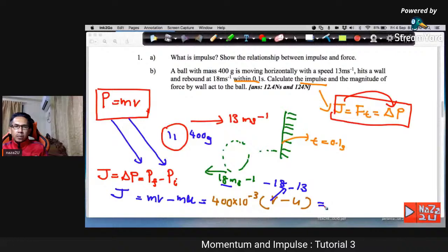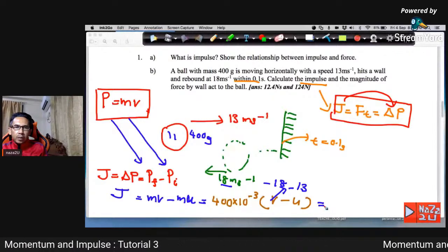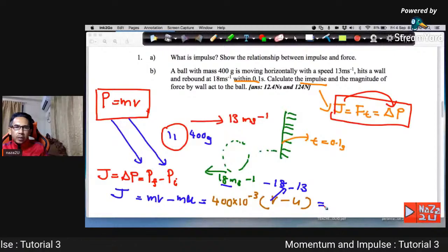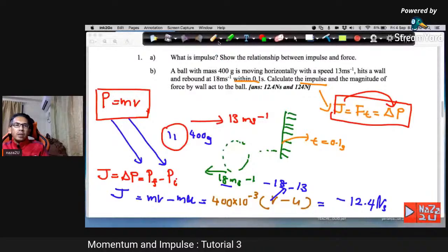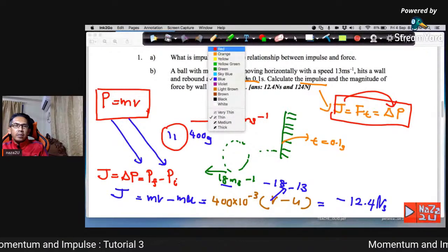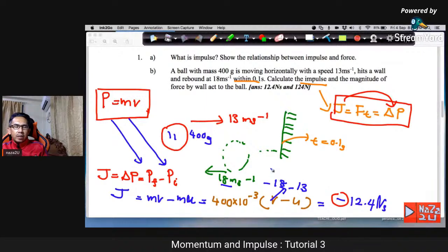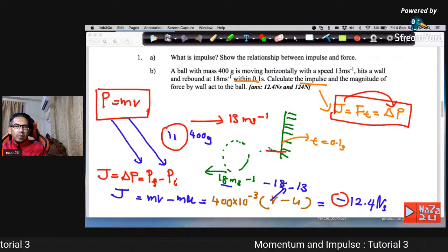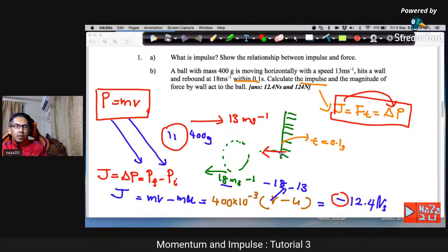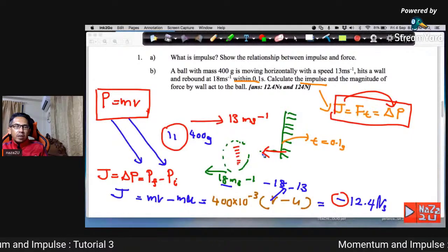This is equal to minus 12.4. Okay, the unit is Newton second. The minus here is the direction of the impulse: from the wall to the ball after it rebounds, the direction is to the left.